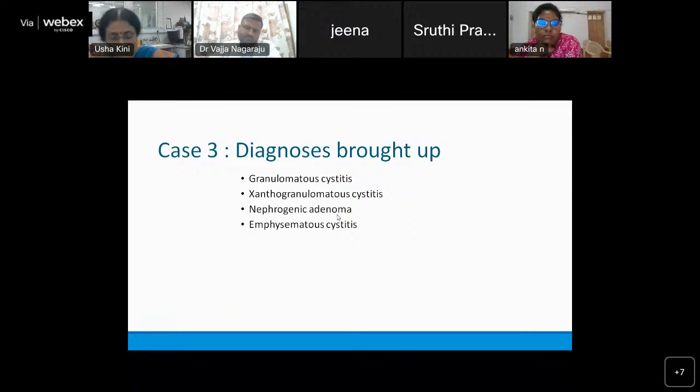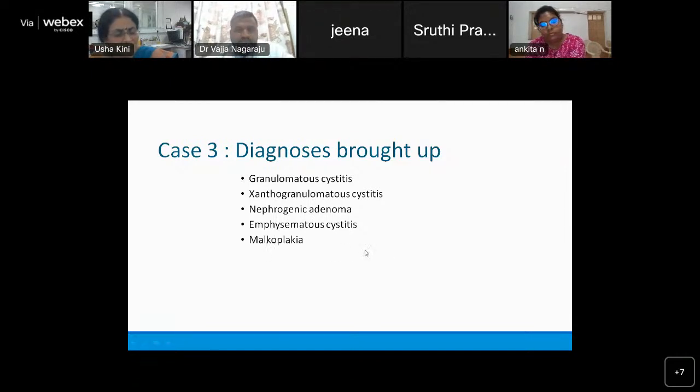Someone thought of nephrogenic adenoma, but there are no tubules, there is no lining epithelium, so I don't know how someone thought of nephrogenic. Emphysematous cystitis, I think they must have mistaken the cautery effect, where you have those artifactual changes, which must have got confused with so-called emphysematous, but it is not.